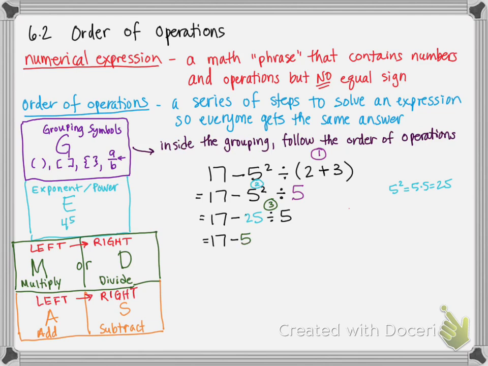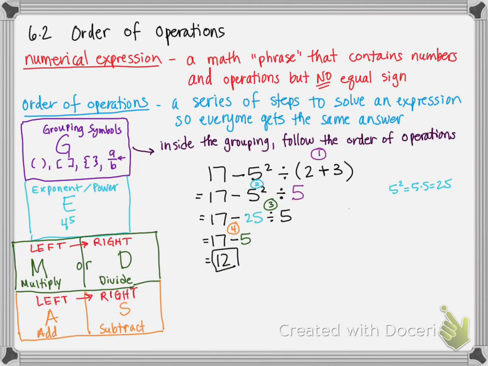And the last thing I see is a subtraction problem. So that's going to be my fourth step. Basically this problem had 4 operations in it: subtraction, division, addition, and an exponent, which is fast multiplication. So then we get the answer of 12.